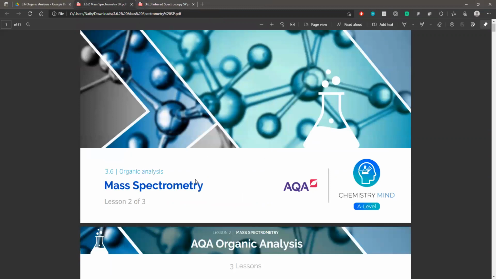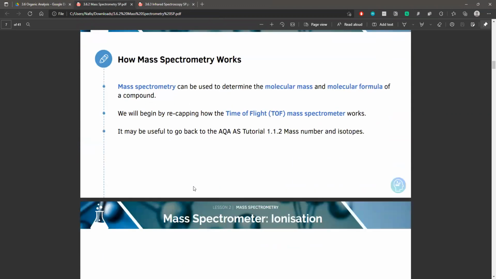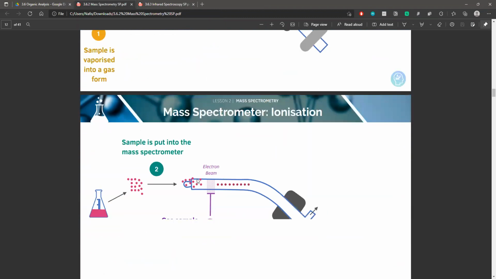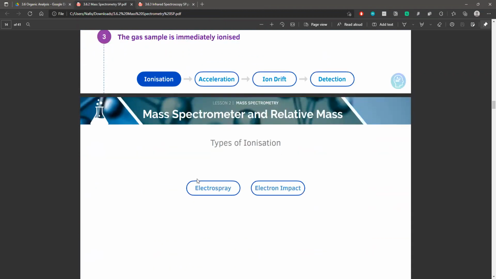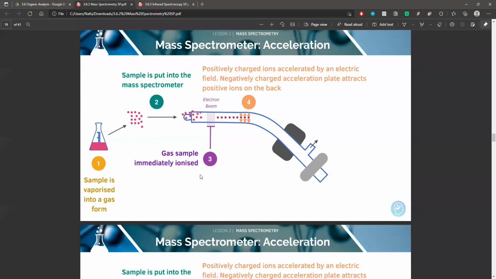Now talking about mass spec. I'm not really going to go into a lot of detail about how mass spec works, but this is to do with the time of flight mass spectrometer. You vaporize the sample, you ionize it, and then you accelerate the positively charged ions through an electric field, towards a negatively charged attraction plate.